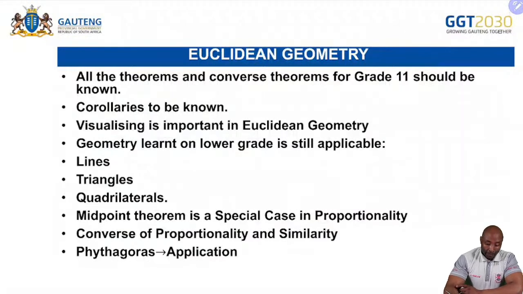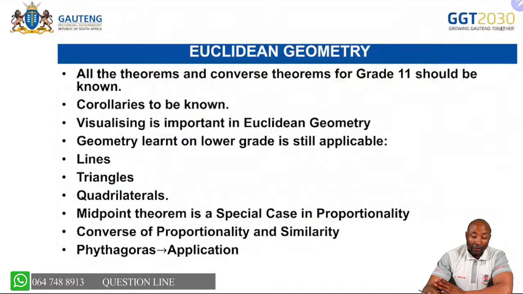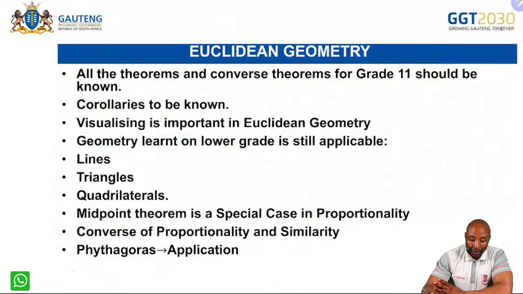We must remember the midpoint theorem, which is a special case of the proportionality theorem. Now, we must also be able to know the converse theorems, and we also look at the application of Pythagoras theorem.